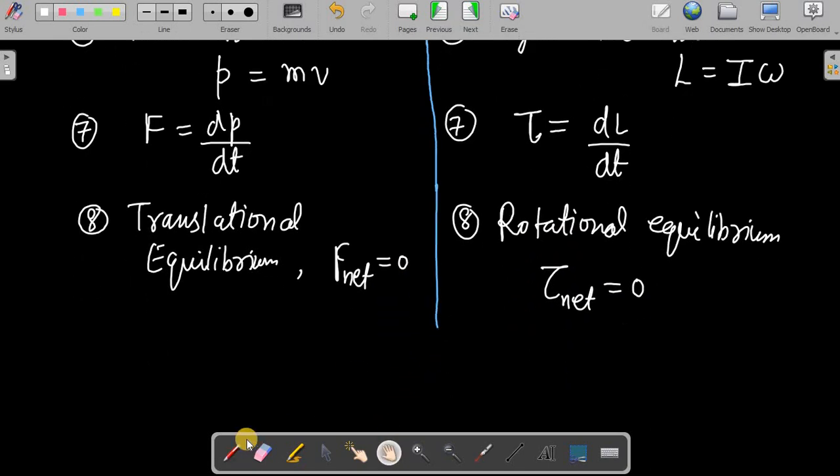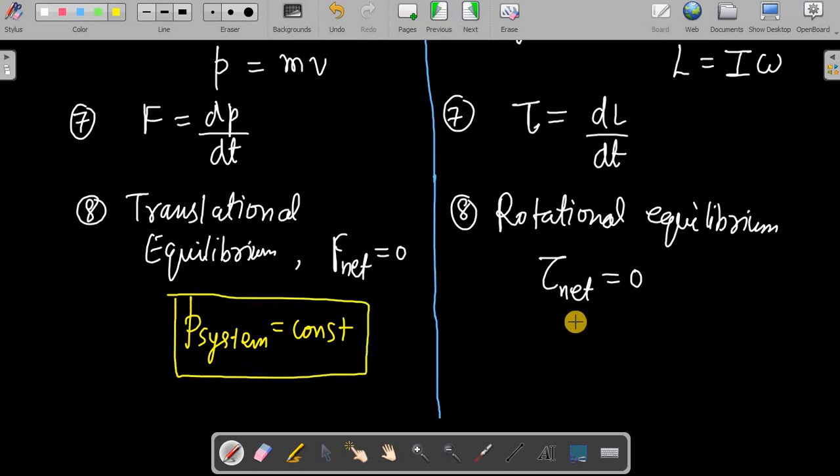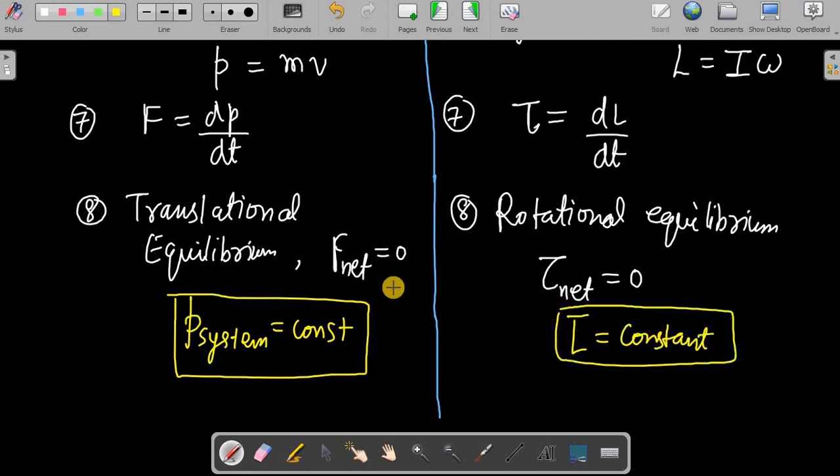Again, this equilibrium gives rise to the conservation of momentum theorem. Whenever the net force is 0, the system momentum is constant. Correct? Similarly here, angular momentum will be constant. Okay? Of course, it's a vector. You may write it as a vector.